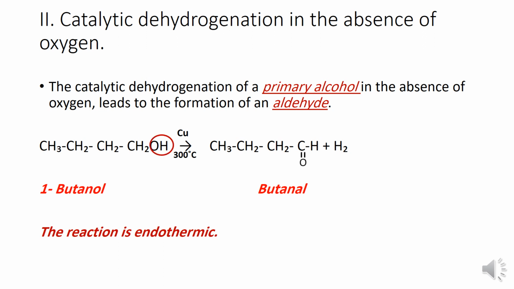So the OH here will become C double bond O at the extremity of the main chain. So the primary alcohol gives aldehyde plus H2. This reaction is endothermic since it needs a very high temperature, 300 degrees.